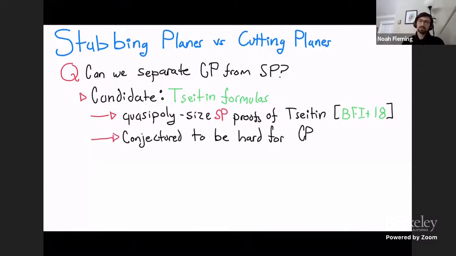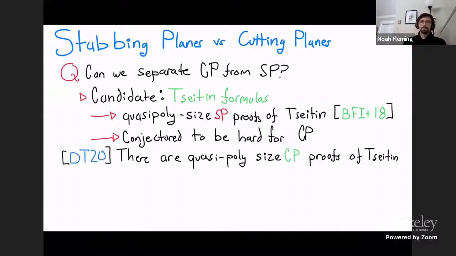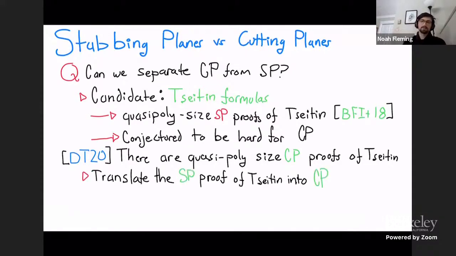And on the other hand, it was long conjectured that these formulas require exponential complexity to refute in cutting planes. And this is pretty reasonable because Tseitin is like the canonical hard example for many of the algebraic proof systems we study in proof complexity. So really surprisingly, last year, Dadush and Tiwari showed that there are actually quasi-polynomial sized cutting planes proofs of Tseitin. And they did this by showing that you can translate the stabbing planes proof of Tseitin into cutting planes.